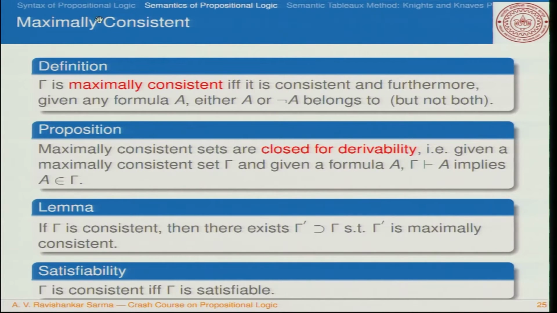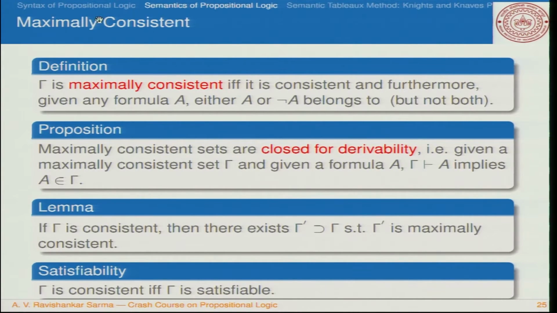and there is one more requirement, that is, furthermore, given any formula A, this is an important requirement, either A has to be provable or it has to be provable that not A is the case, but definitely not both. There are some logical systems, for example intuitionistic logic, where if you cannot prove A, you cannot even prove not A. Then you have to withdraw one of the fundamental laws of logic, that is the law of excluded middle.